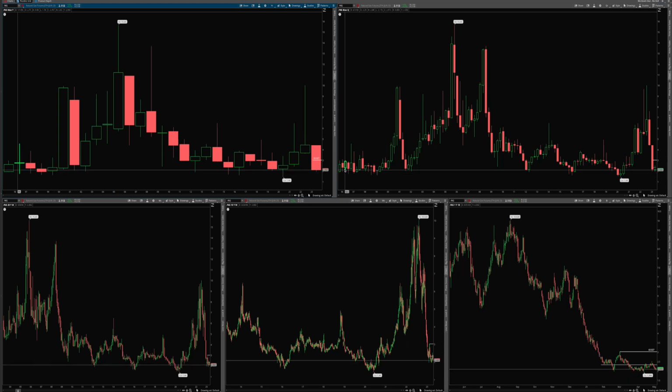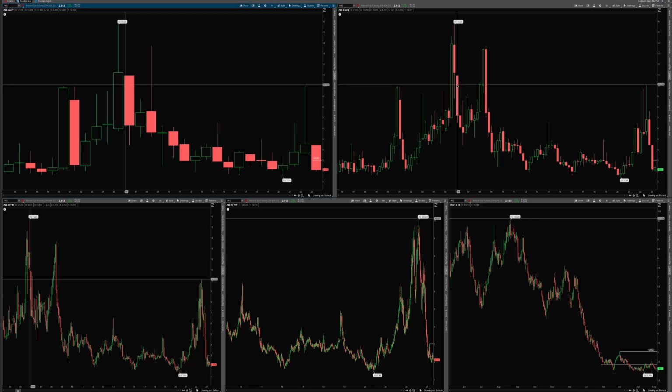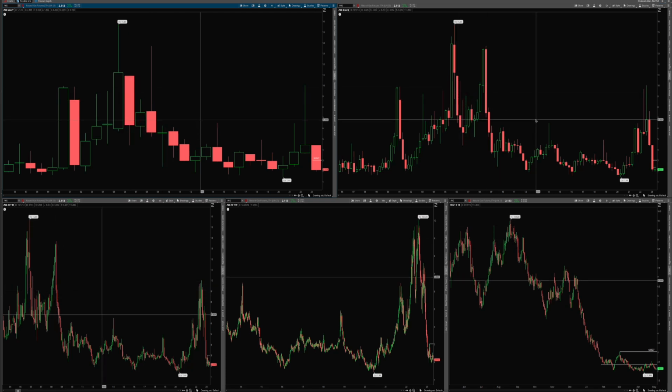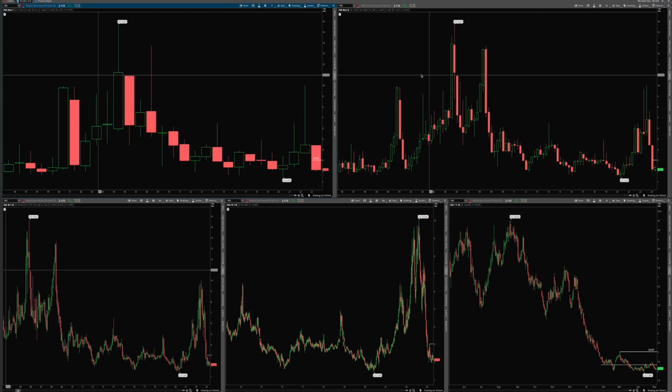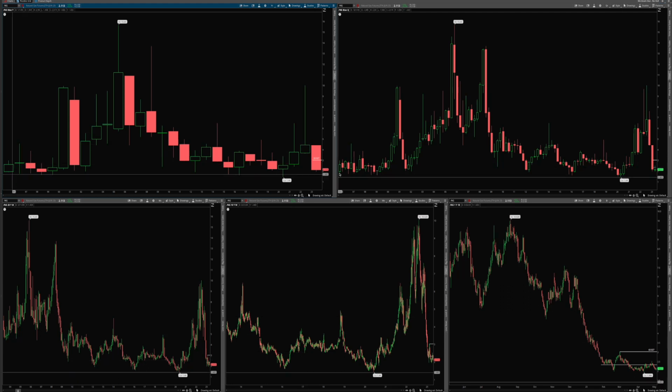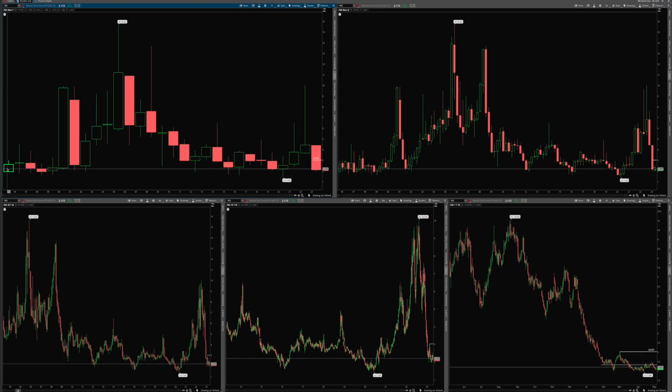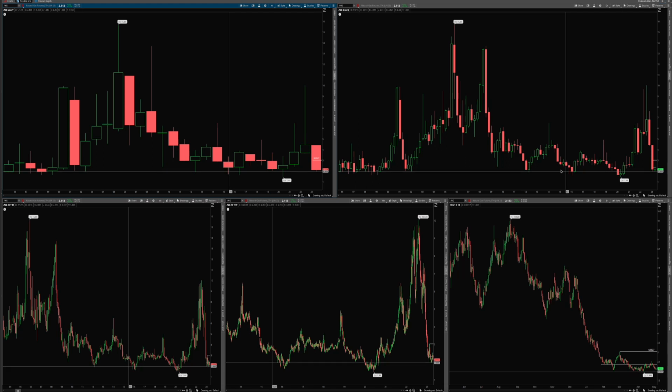Some other pros use a quarterly chart. So this is a quarterly chart, and this one is maxed out. As far as the data goes, I go all the way to 1995 with natural gas on the yearly. Yeah, 1995 maxed out. So quarterly.